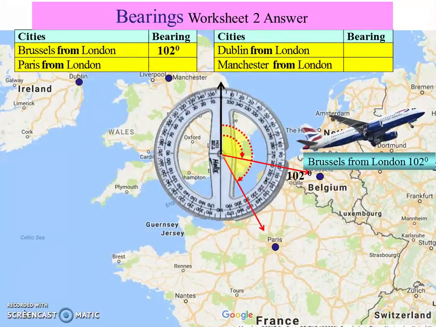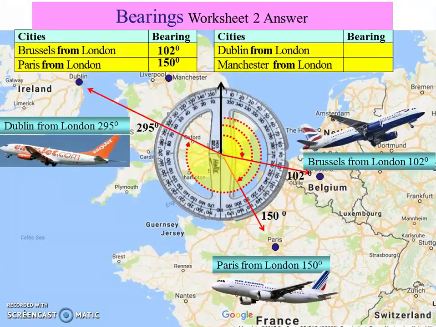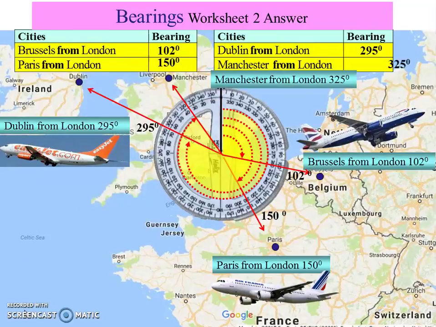So from London to Paris is 150 degrees. So from London to Dublin is 295 degrees. And from London to Manchester is 325 degrees.